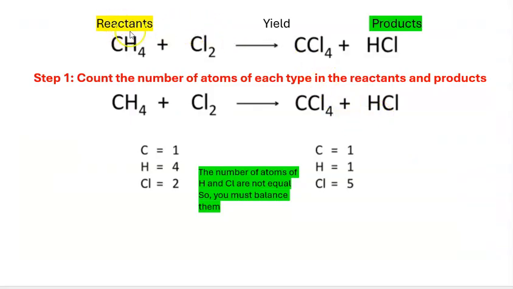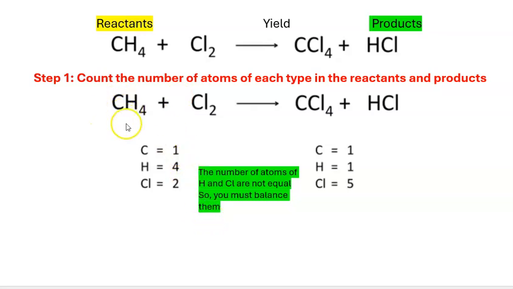Here you can see in this equation the reactants to the left and the products to the right, and this arrow represents yield. Let's begin by counting the number of atoms.